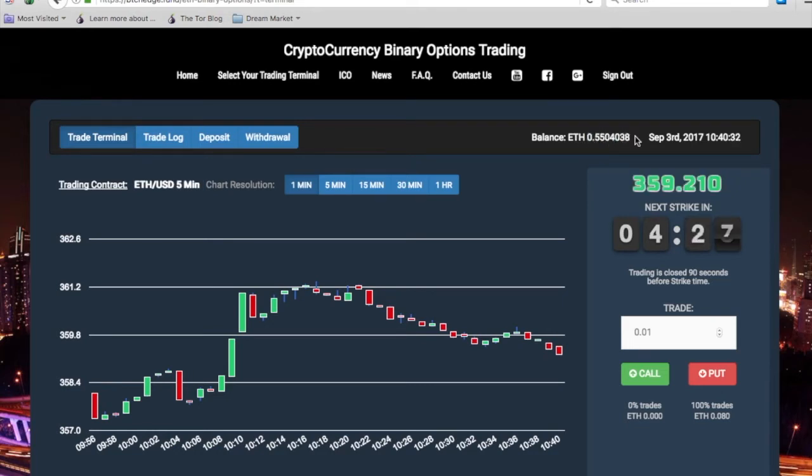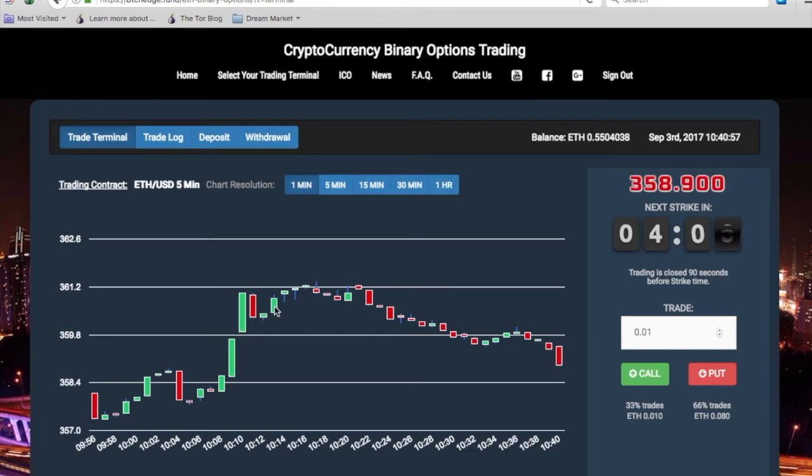But we can also switch to different resolutions, but you should remember that on whatever resolution you see, one bar or one candlestick is one time period equal to the resolution. So meaning in this 1 minute chart, one bar is 1 minute.